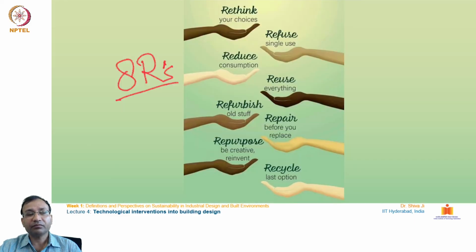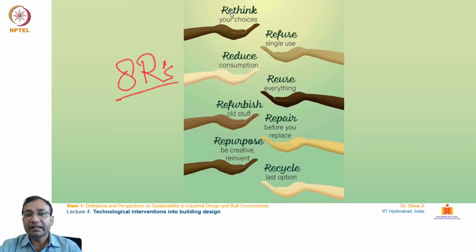Well, as we have been discussing, there are several R's proposed for sustainable practices. These are strategies which can be utilized in the product planning, designing, manufacturing and end-of-life stages of those products.